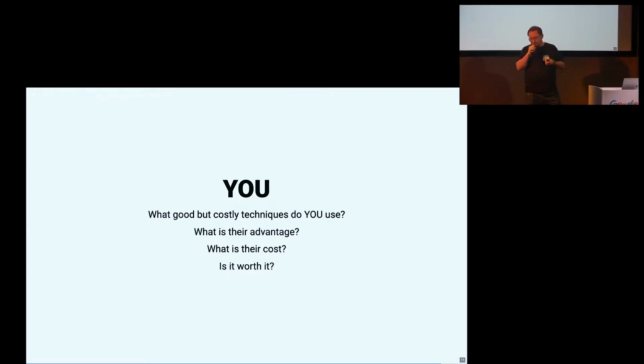I would be interested to know if you are consciously using some techniques or libraries that you know have runtime costs, maybe compilation time costs, maybe memory overhead, but you still use them for some reason. What is the advantage that you are factoring in? What is the cost that you are willing to take on yourself? And is it worth it?